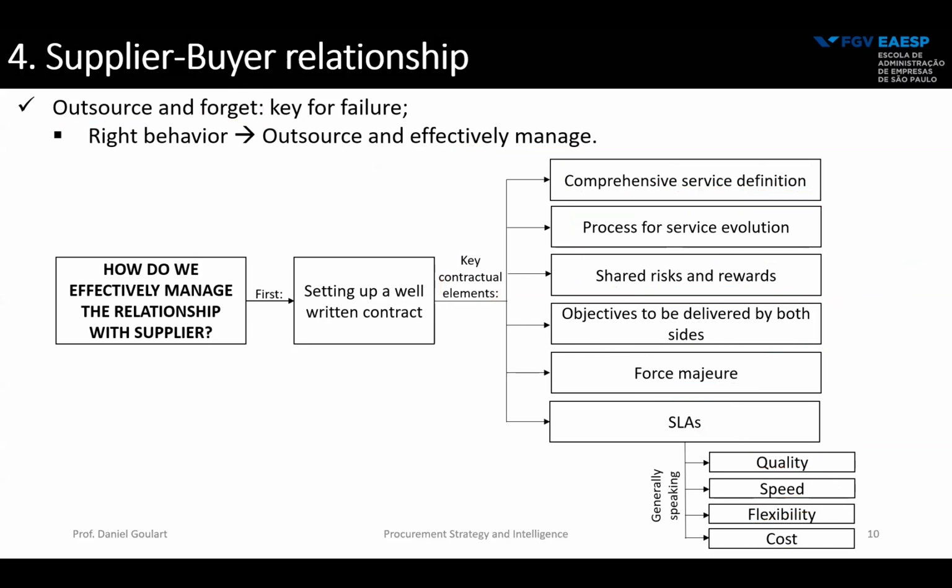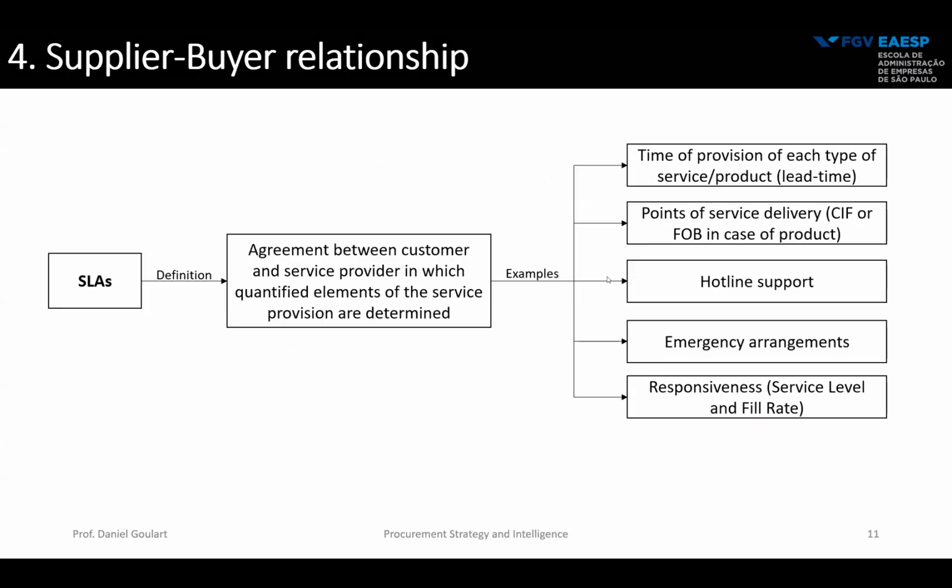Just to give you a couple of examples. Here, guys, we do have some examples of SLAs. Okay, I will mention this in detail next week in the next class for you.